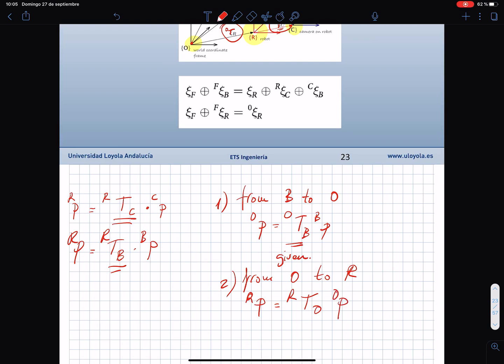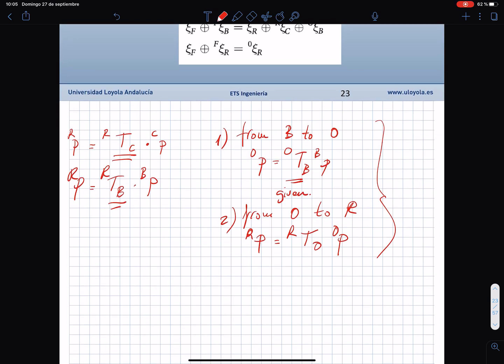P0. Okay. So now just join these two expressions together. I will use the second expression, PR equals RT0 P0. And then instead of P0 from the last equation, we will substitute the right-hand side, so we have T0B PB.